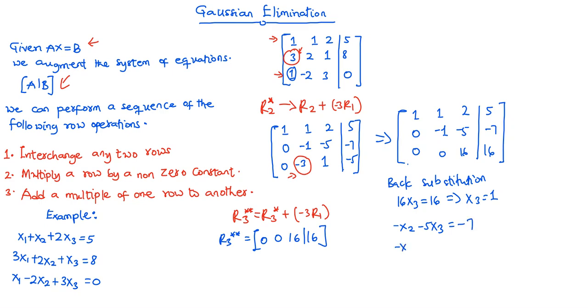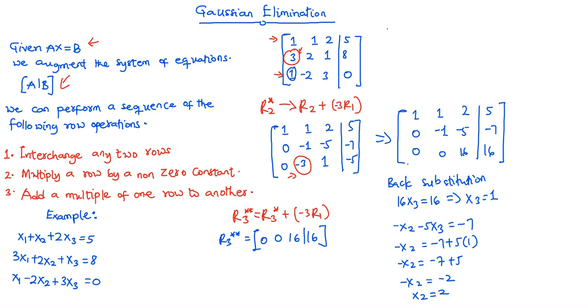We're going to have minus x2 to be equal to minus 7 plus 5 multiplying x3, which is 1. So we're going to have minus x2 to be equal to minus 7 plus 5. So we're going to get minus x2 to be equal to minus 2, which will give us x2 to be equal to 2. So now let's find x1.